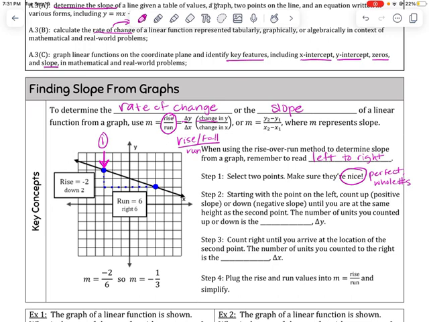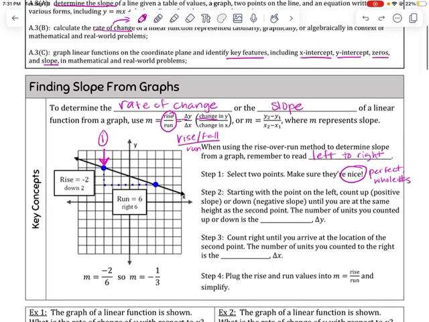Count up if your line's moving up. So if it was going that way, I would count up, or count down if I have negative slope until I'm at the same height as the second point. Then the number of units you counted up or down is the change in y, or this would be the rise or fall.